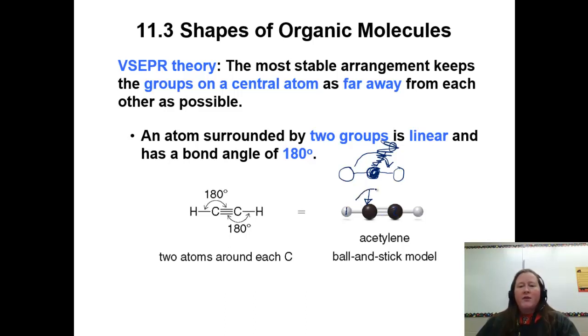The bond angle between these two is 180. Now I can then look at this side as well. If I look at this carbon, the first thing that's attached is this, the second is this. This bond angle is 180 degrees. That is called a linear orientation, or a linear geometric structure.